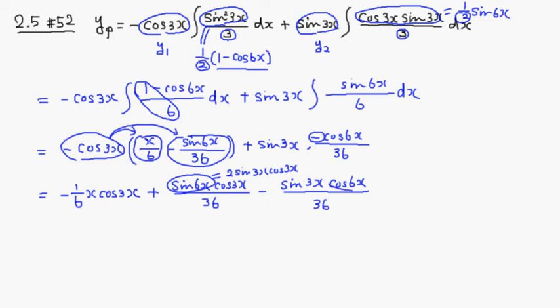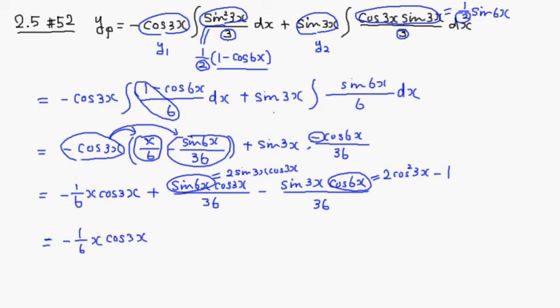And here, cosine of 6x, we can rewrite as 2 cosine squared of 3x minus 1. Then we can multiply out and simplify and see if we can cancel anything. The first term is unchanged: negative 1 over 6 x cosine of 3x.